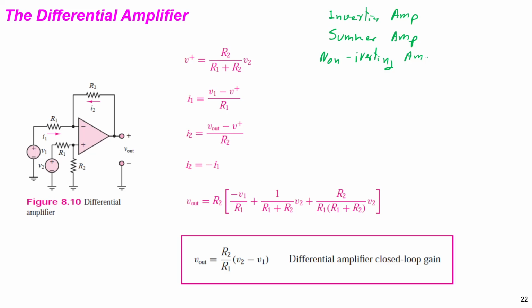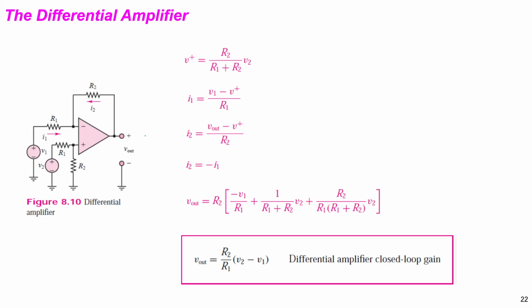We also have the differential amplifier. With this connection, we can get a differential amplifier. We take V1 here and V2 here, and we take the non-inverting pin as reference.